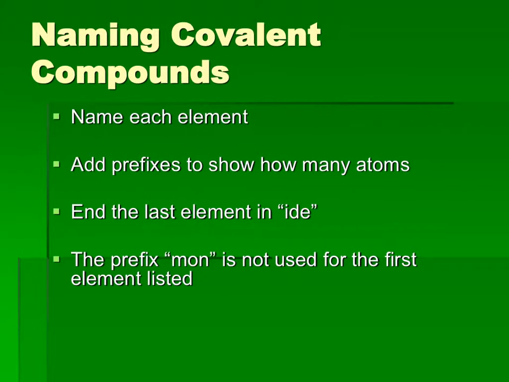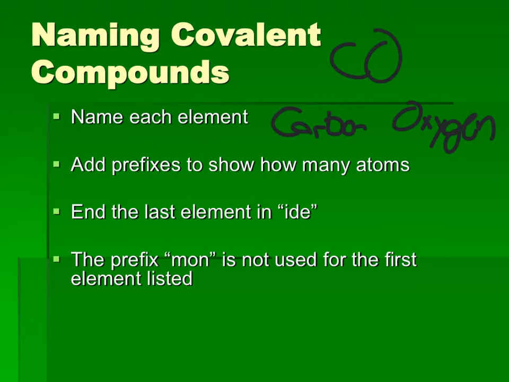If I gave you the compound CO, well, step number 1 says to name each element. So you would write this out and you would say carbon and then oxygen. Then it says add prefixes to show how many atoms.